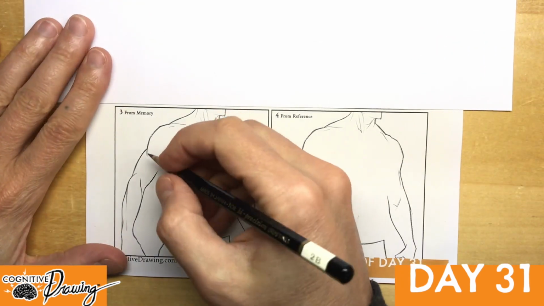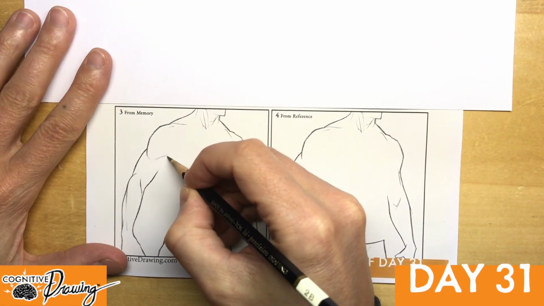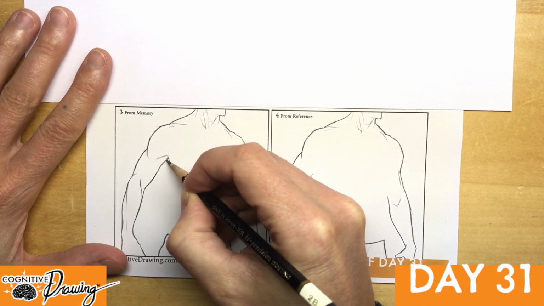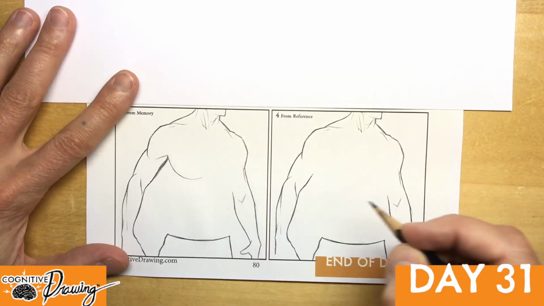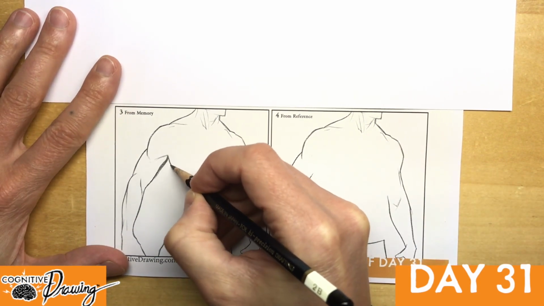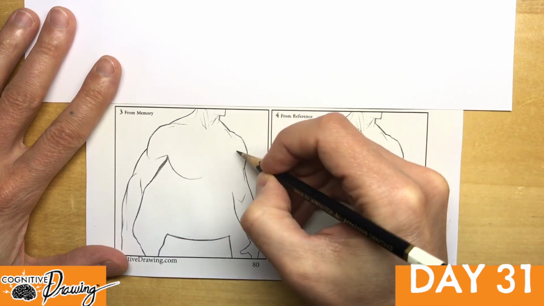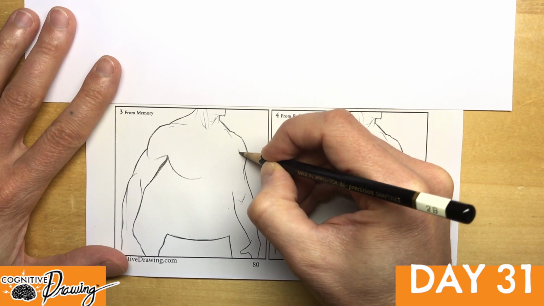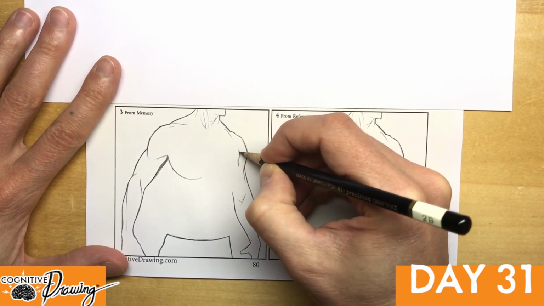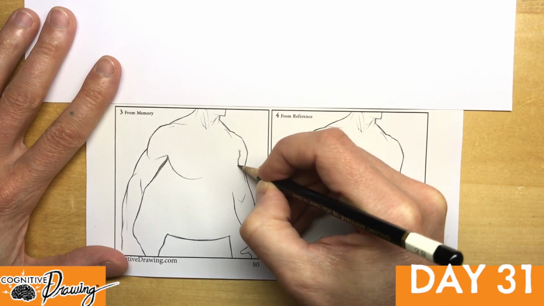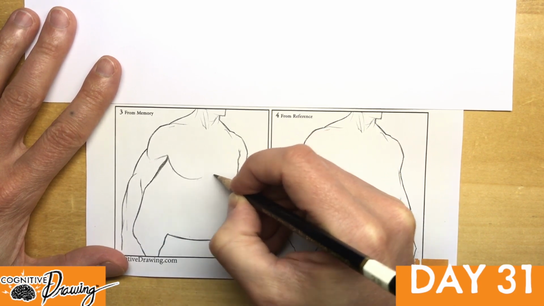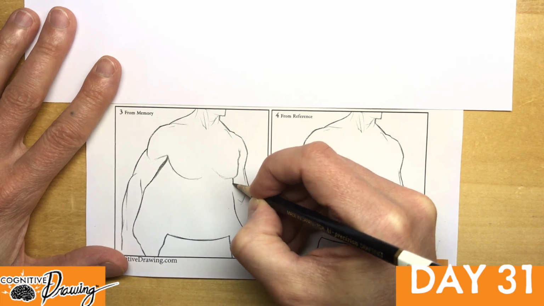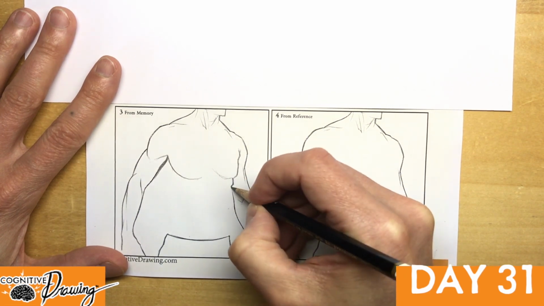Okay, let's try that from memory again. That interesting shaped bicep right there. I forget how this went. See, I would love to just do this separately, but it's like an armpit muscle. Something like that anyway. And the rib cage.